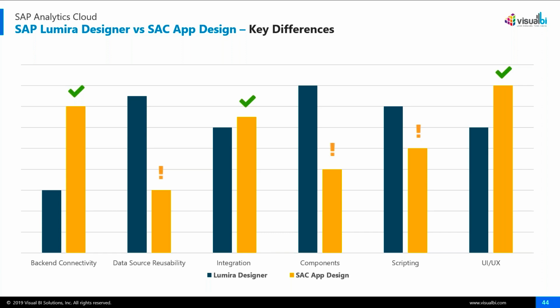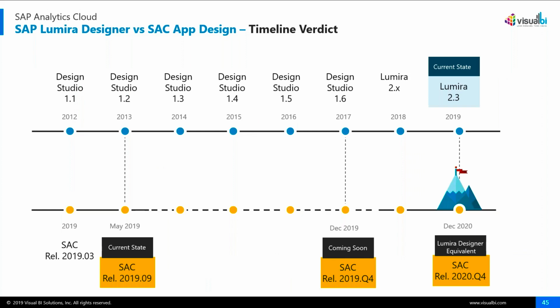So now let us look at where SAC App Design is going to be, right? This timeline is going to be a verdict, where I'm going to tell the current state of SAC. I'm talking about the release that we have in hand right now. The release 2019-09, which is available in the current state, is pretty much equivalent to what we had in Design Studio 1.2.